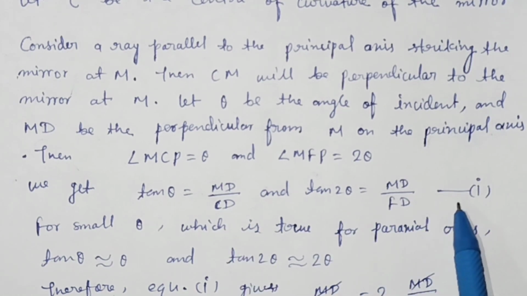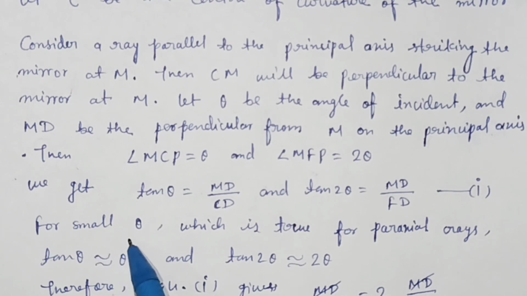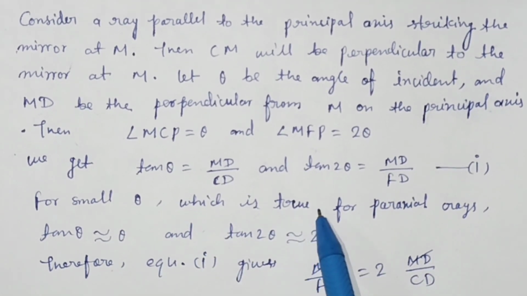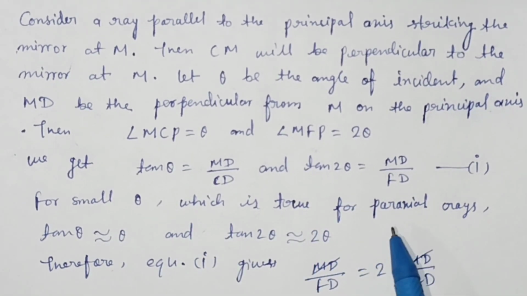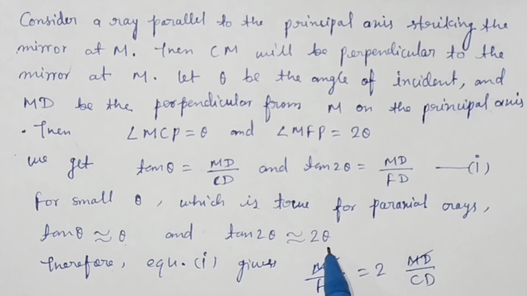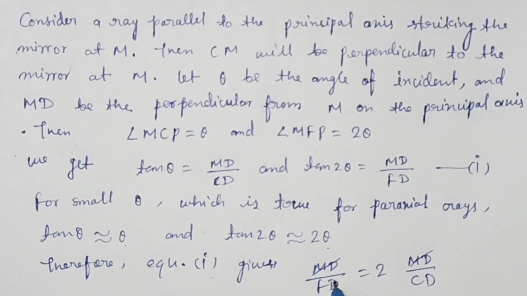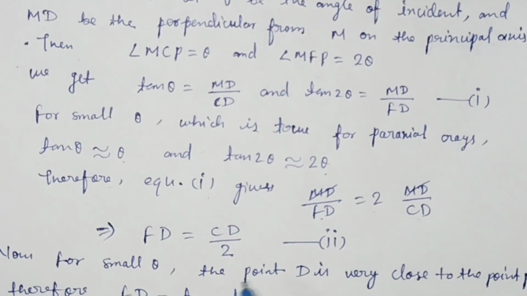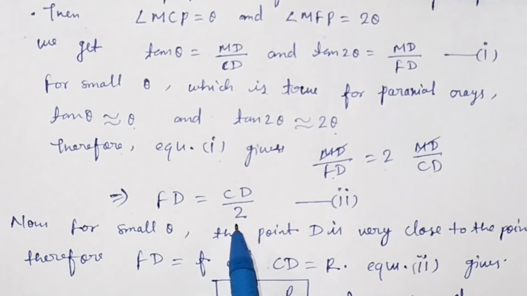This is equation first. For small theta, which is true for paraxial rays, tan theta is approximately equal to theta and tan 2 theta is approximately equal to 2 theta. So equation first gives MD upon FD is equal to 2 MD upon CD. So MD cancels, and this implies that FD is equal to CD upon 2.